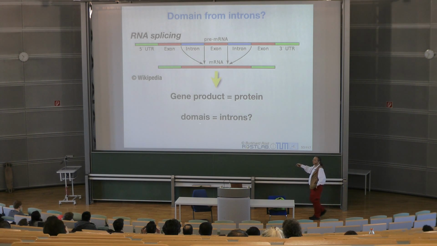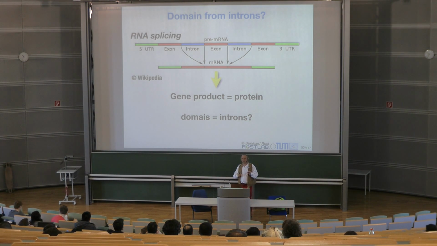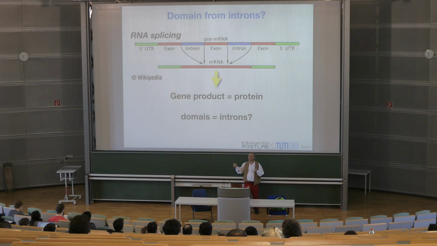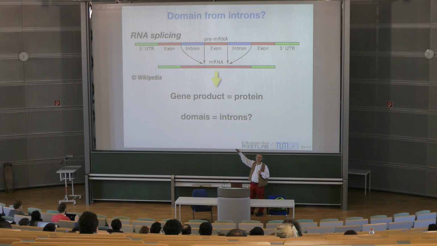A domain, there's a typo here, a domain is a subregion of a protein that is relevant for function. So early on, there was a suspicion that maybe the domains relate to these red regions here. So that in this particular case that I show, you essentially would have a protein with 3 domains.